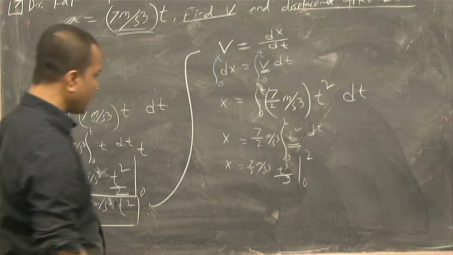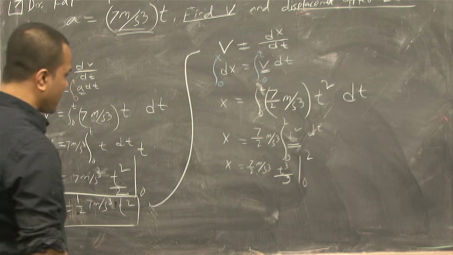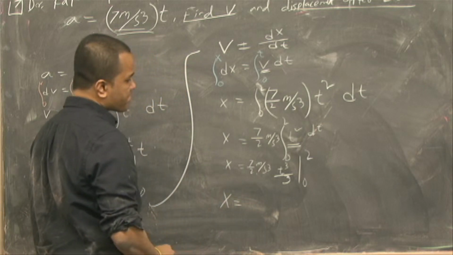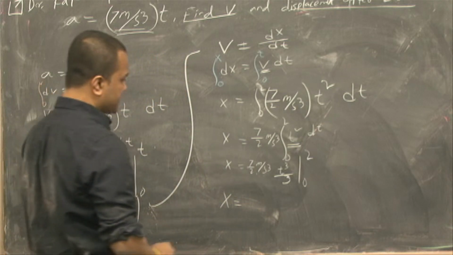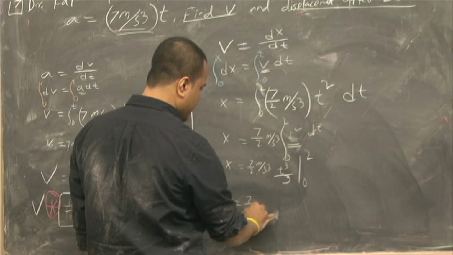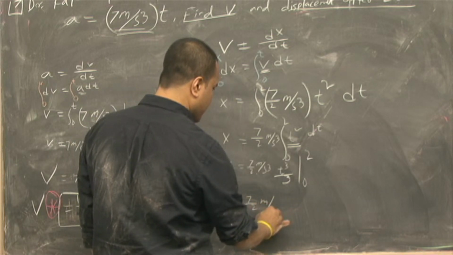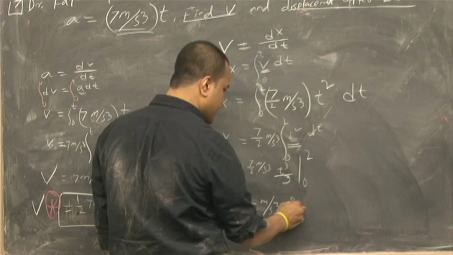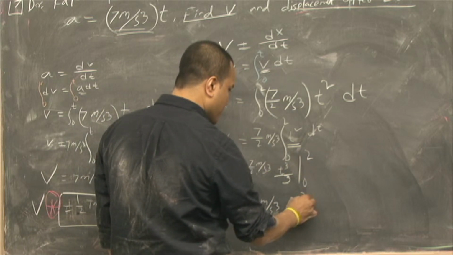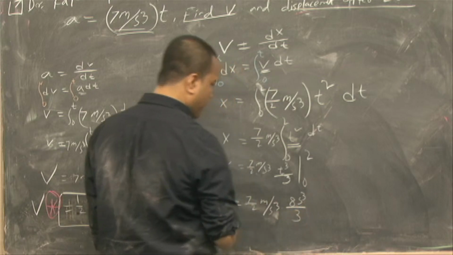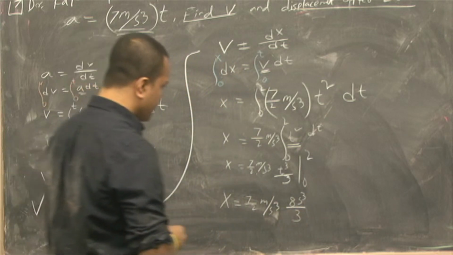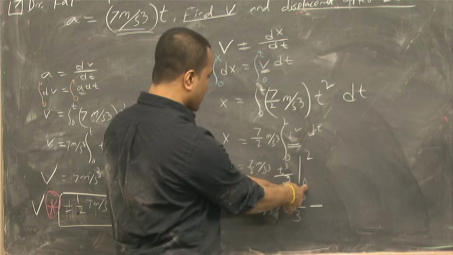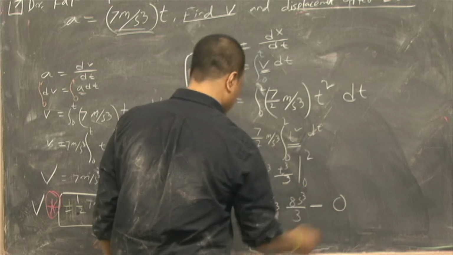Now finally we'll be able to find the displacement. So 7 over 2 meter per second cubed, and if you put 2, then it's 8 second cubed, over 3. And then minus, if you put 0 here, it's going to become 0, so minus 0.